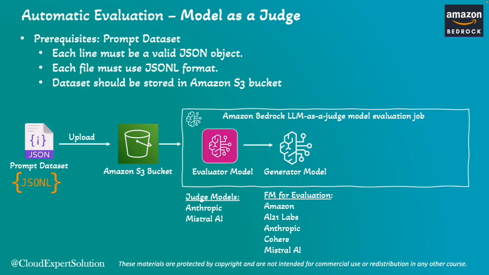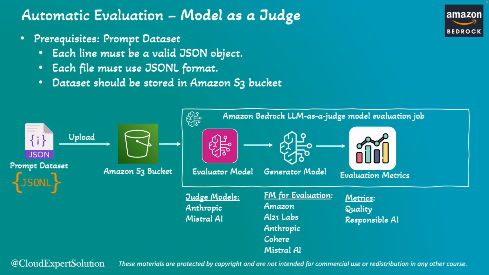For the generator model, or the model for evaluation, you can choose any model that is currently available in Amazon Bedrock. The next step is we need to select the evaluation metrics, and we have two different types of metrics. The first is quality, where you have 9 quality metrics like helpfulness, faithfulness, correctness, completeness, and relevance, and the second category is responsible AI metrics, where we have 3 metrics like harmfulness, refusal, and stereotyping.